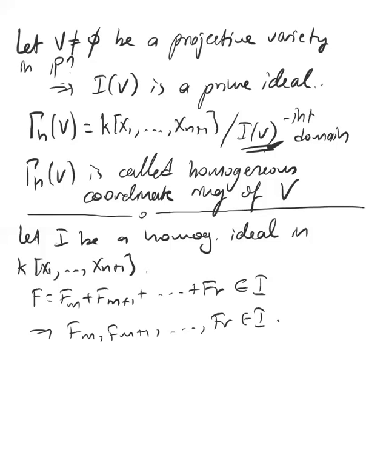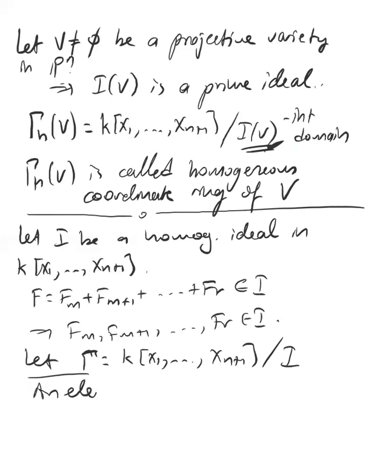Okay. Now let's define Gamma to be K[x1, ..., xn+1] divided by this ideal. An element f in Gamma is the coset of some polynomial.